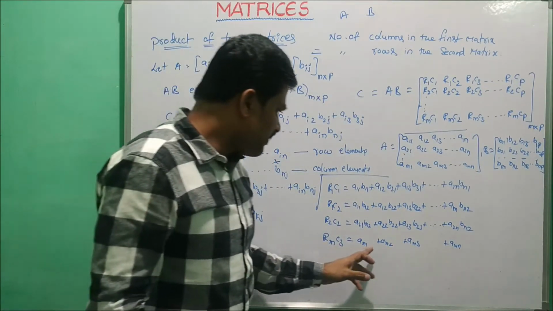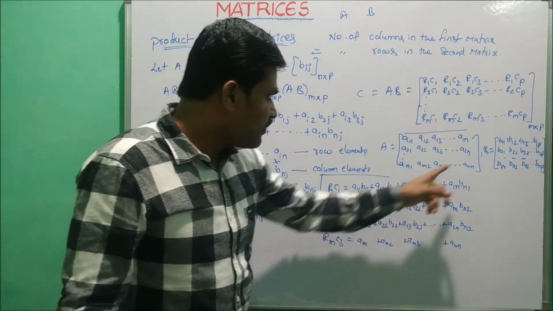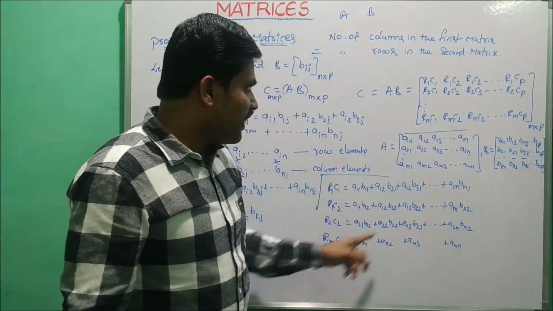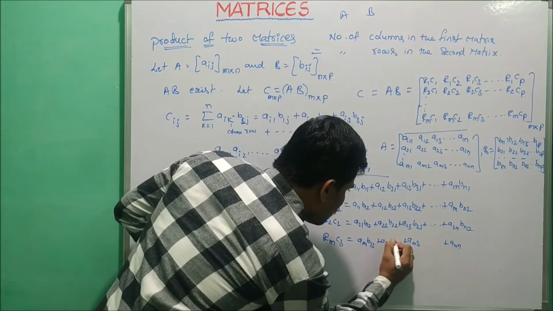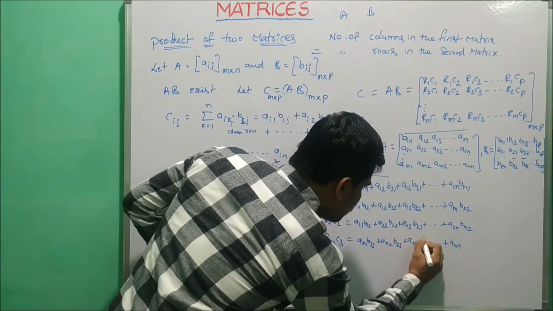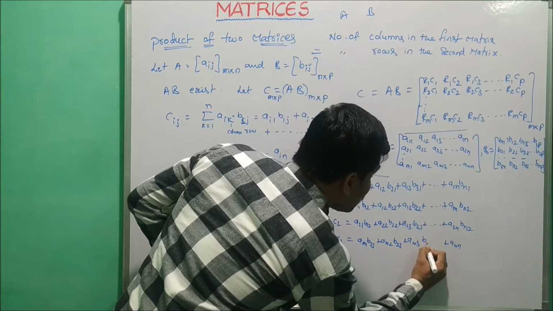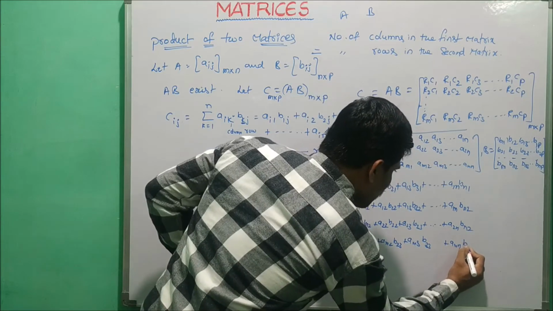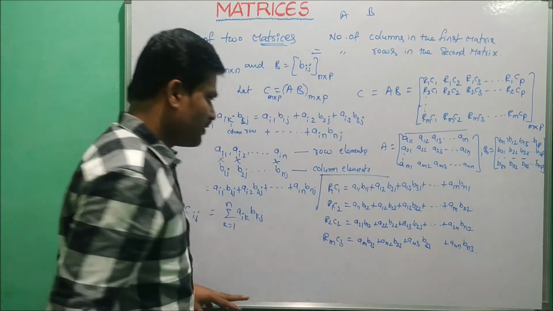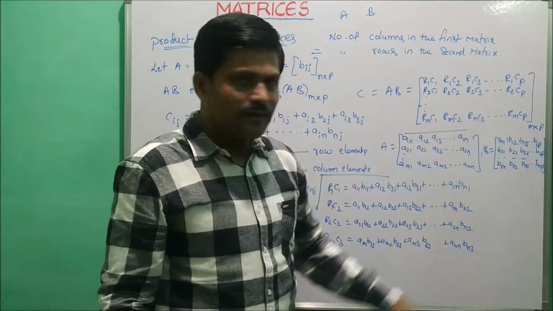Now we write besides Amn, C3, third column: B13, B23, B33 and so on, Bn3. This is the element of RmC3.